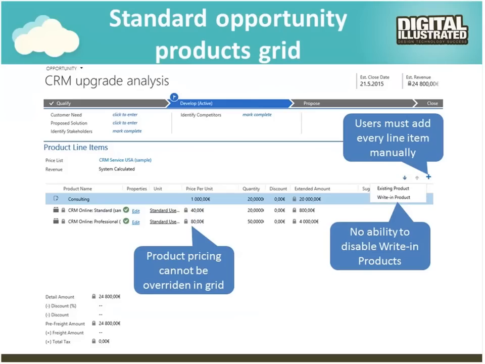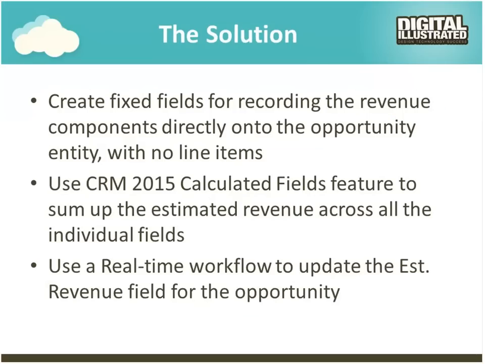And in general, this often isn't the kind of experience that people would want if they are selling a standardized service that always has a certain number of components in a typical opportunity. That's why the solution that I'm showing you now is built on a different kind of model. With the 2015 calculated fields, we can quite easily add the revenue component fields directly onto the opportunity entity itself without using any of these line item records.